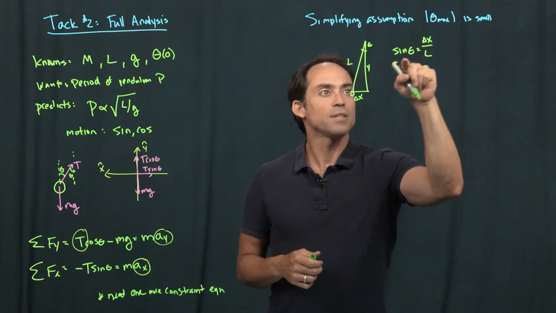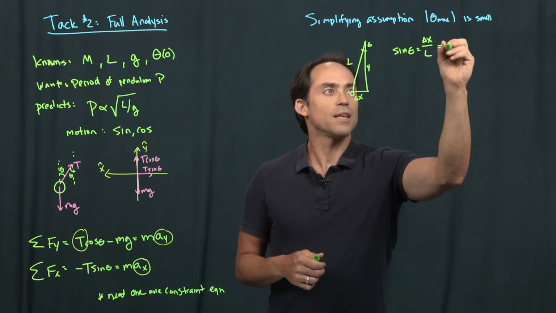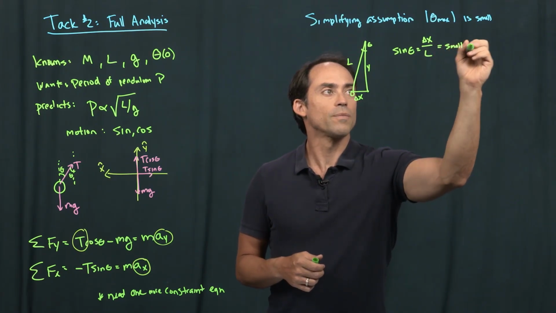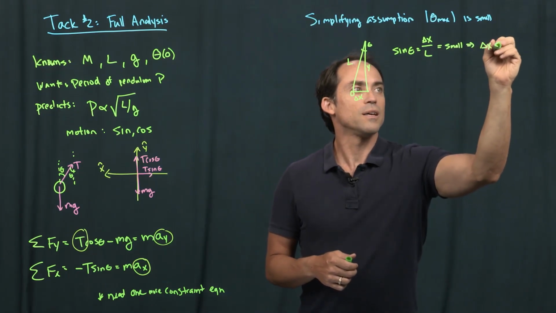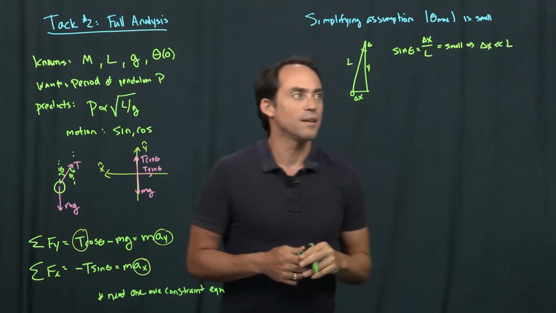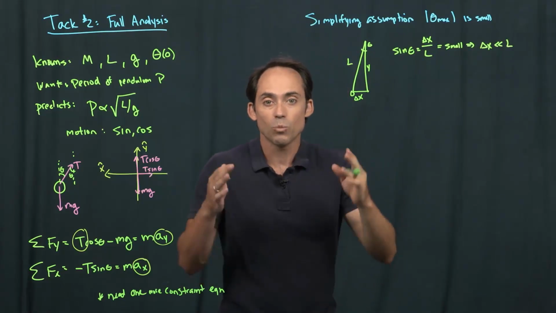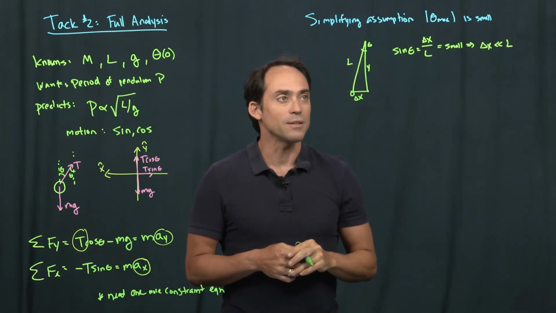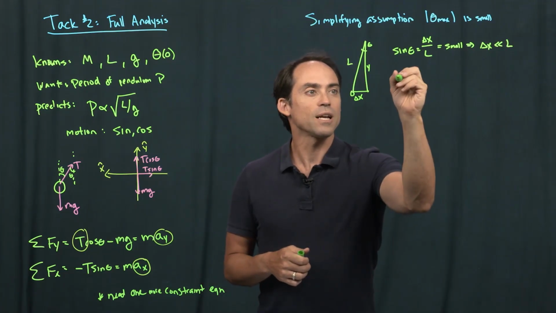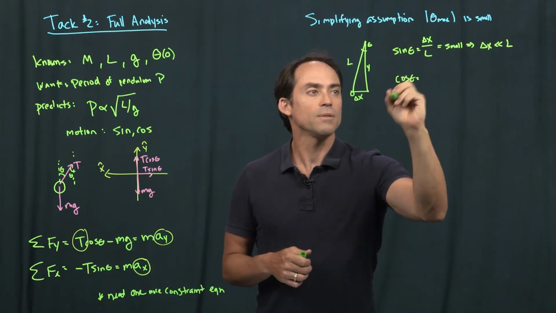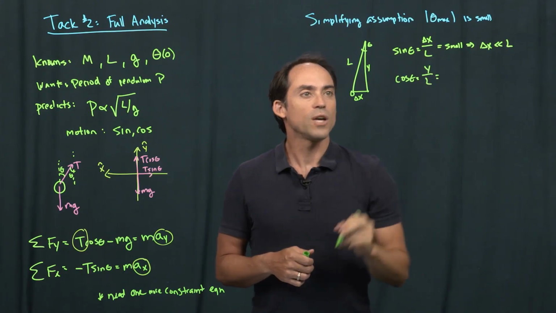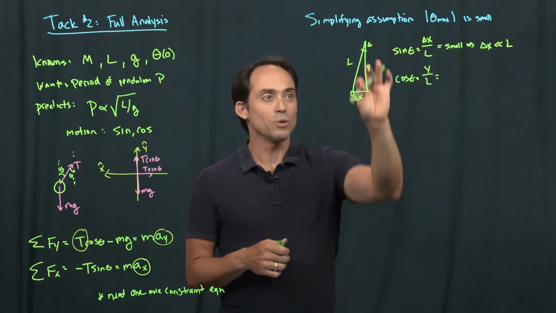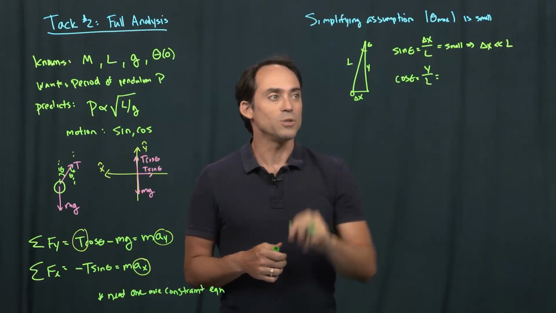And if that sine theta is small, that means that the displacement x is much, much less than the length of the pendulum L, which, if you think about it geometrically, makes sense. If we look at the cosine of the angle, cosine theta, that's the y position over L. We can also use our Pythagorean theorem to rewrite y in terms of the other two sides.